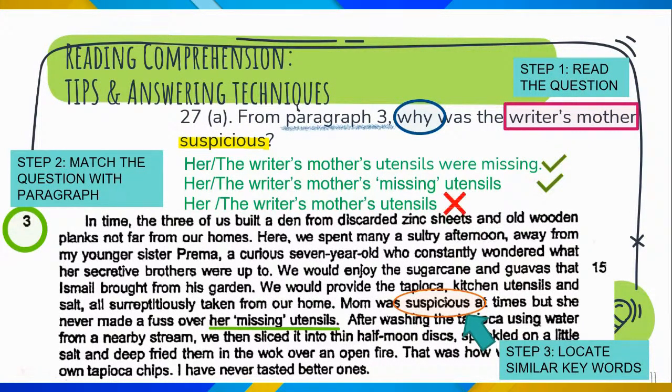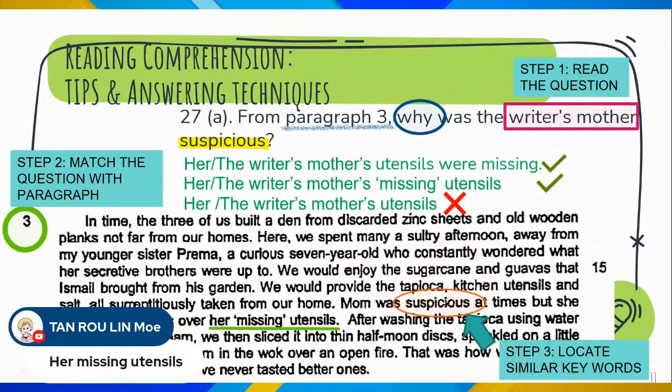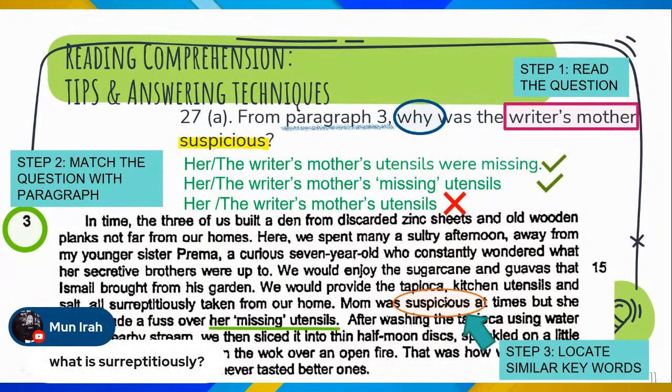I don't think so. You cannot accept the answer because the question is talking about why the writer's mother is suspicious. So if you're just talking about perkakasan, not the idea of missing utensils, then it's not going to be answering the question. Okay, her missing utensils, very good.